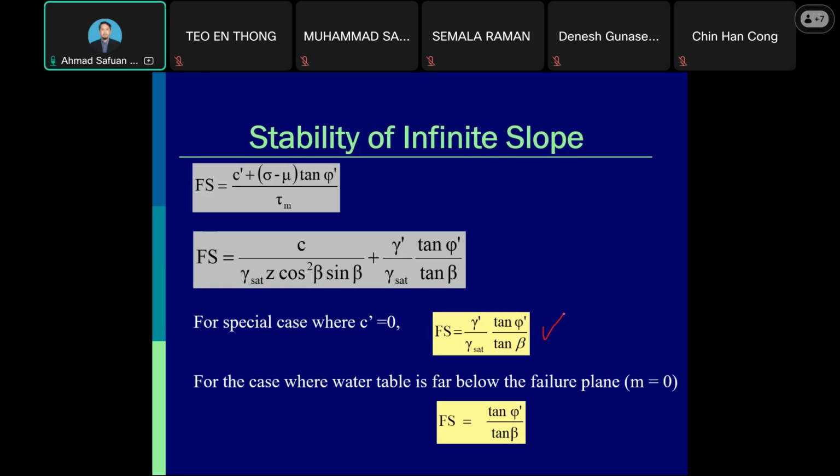For the case where the water is far below the failure plane, similar to what we have discussed before, the factor of safety is equal to tangent phi over tangent beta. That is for the slope that has a groundwater level at the surface.